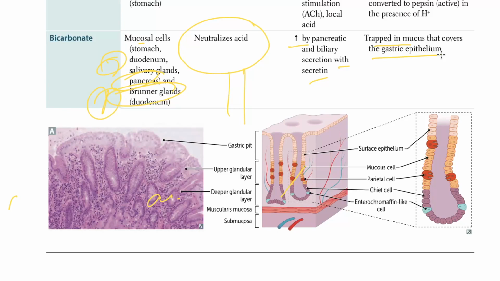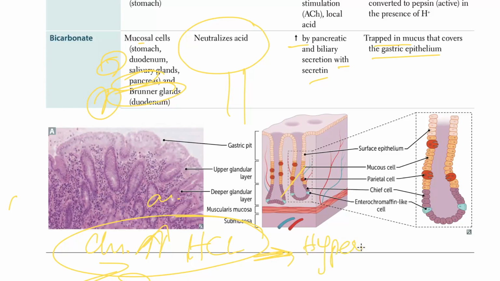Let's talk about what happens when you have a chronic increase in HCl, maybe due to GERD or H. pylori, anything. You have a lot of acid, right? So which cells are going to go into hyperplasia?